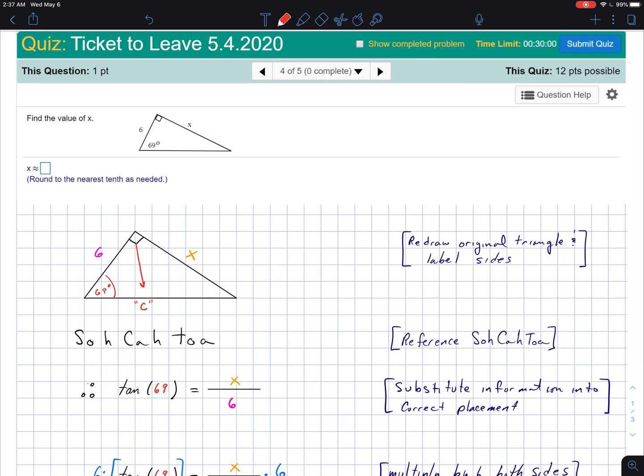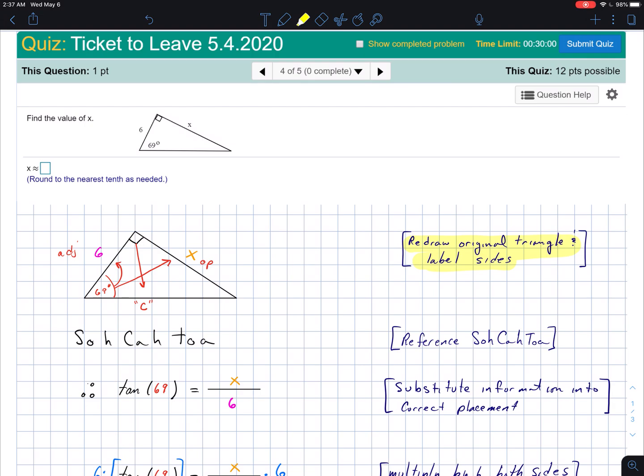And then 69 degrees, we look opposite to it, so this becomes the opposite side, which then leaves this 6 as the adjacent side. So it is important to redraw and label the sides appropriately.